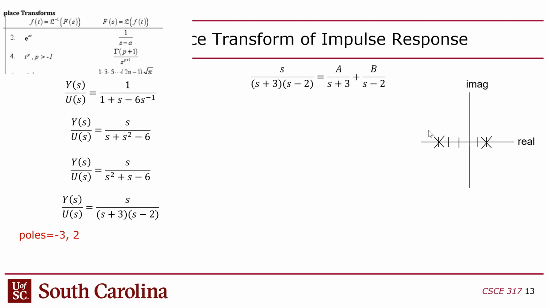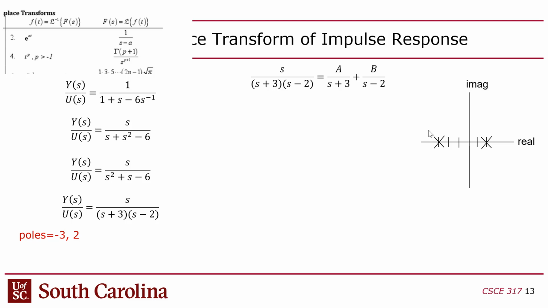Which is good for us, because if you have unique roots, then you can use this little algebra trick. So s over s plus 3 times s minus 2, we want to figure out how we can reform that into something over s plus 3 plus something over s minus 2.